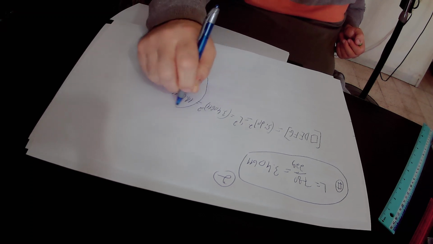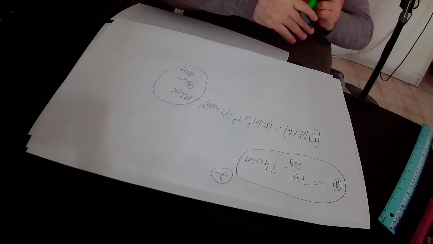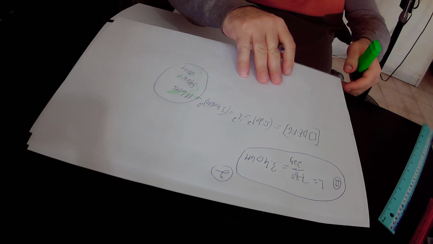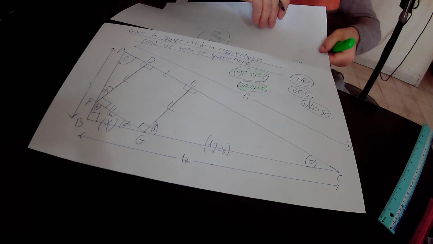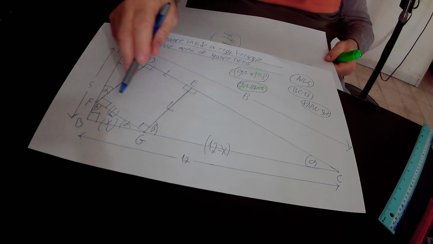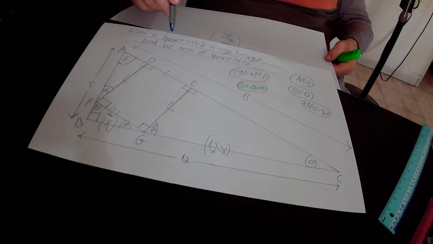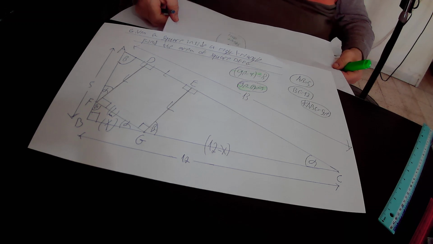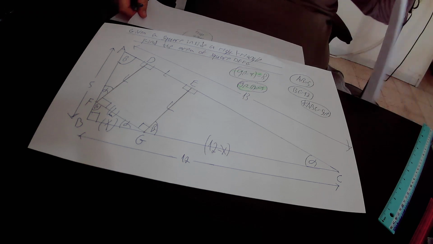In conclusion, the area of this square DEFG is actually 11.6016 square units. So in the next step, I will summarize the lecture.